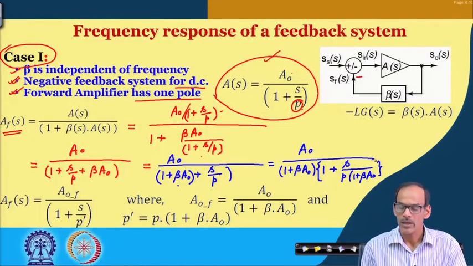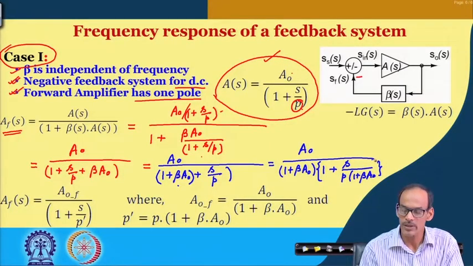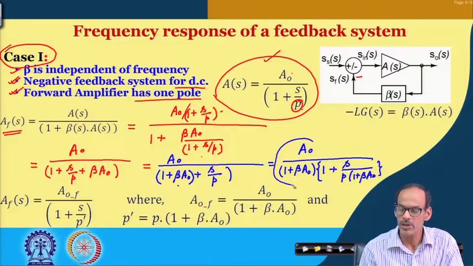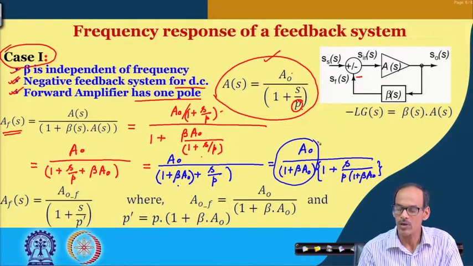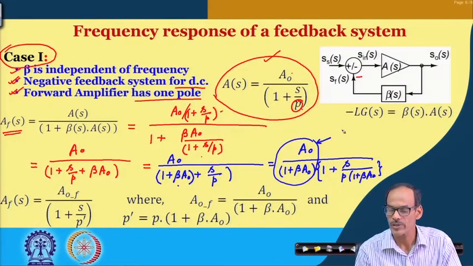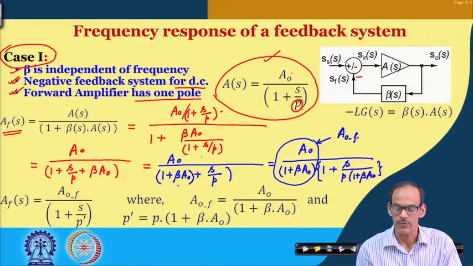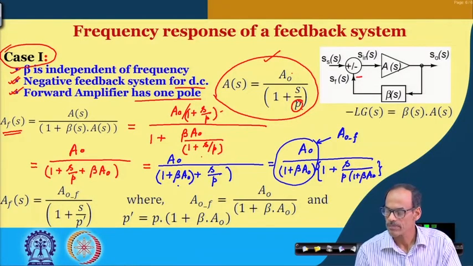right. And then this part is independent of frequency, and let me call this the gain of this feedback system at low frequency, and denote it by A naught f. And this other part we may say is the new pole, and we denote it by P dashed.